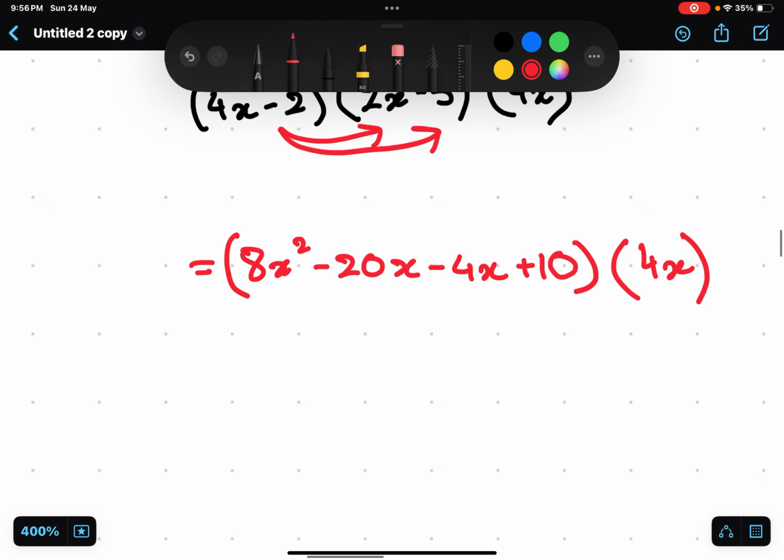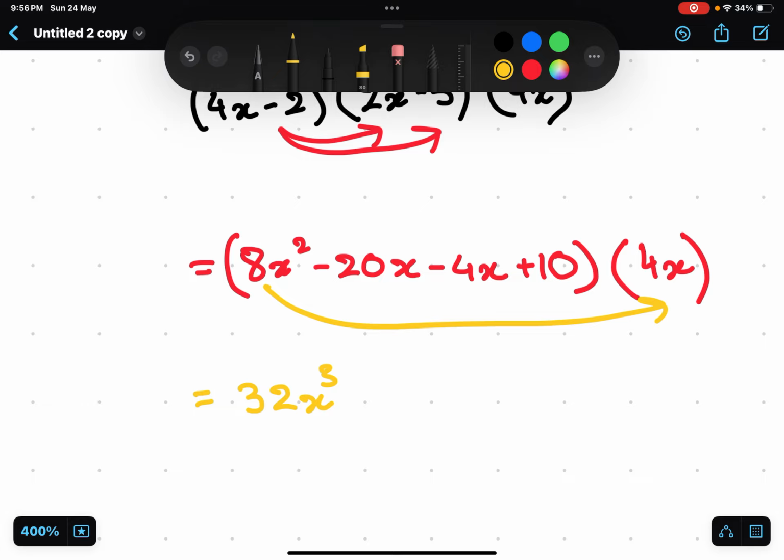And now it becomes so much easier because what we're basically gonna do here is multiply all of these terms in here. So we've got this one, this one, this one, and this one by this one. Okay? So what's going to happen is that first we're going to multiply 8x squared by 4x. So we get 32x cubed.